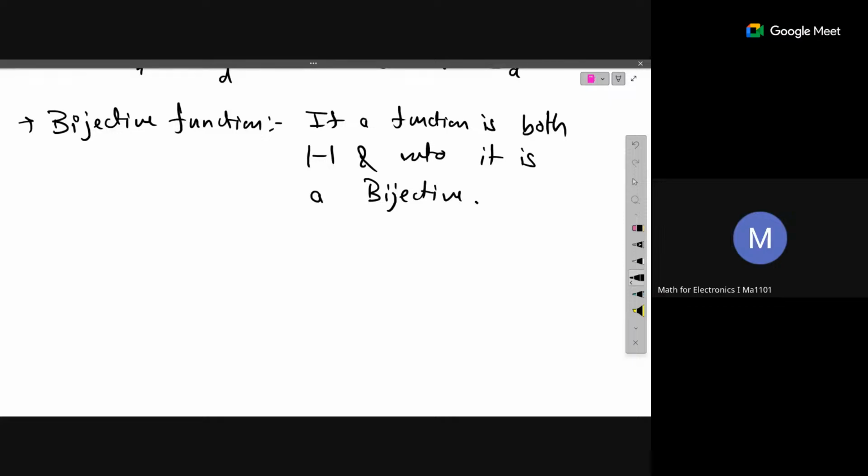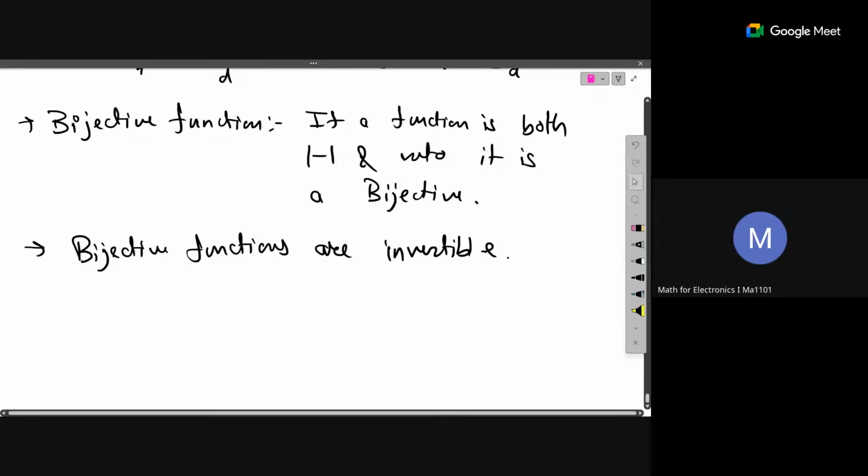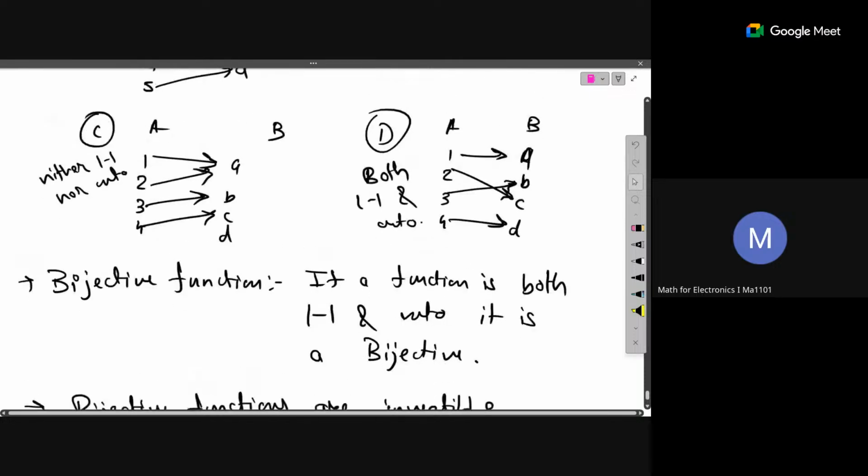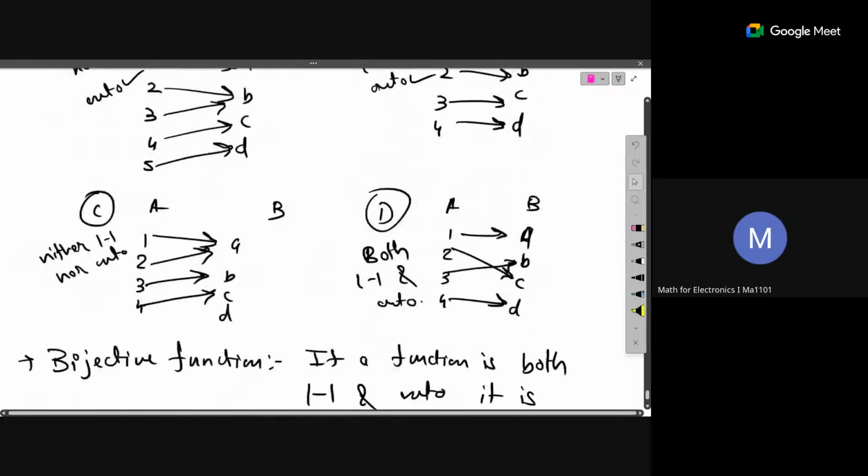And every bijective function possesses an inverse, right? Bijective functions are invertible. So that means if you have a bijective function, you can definitely find one function which is nothing but an inverse of that particular function.